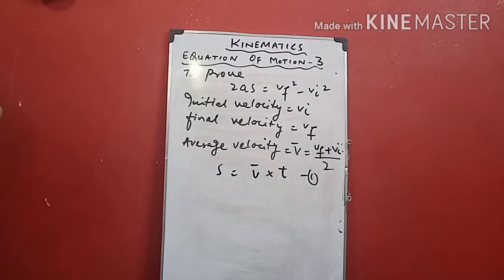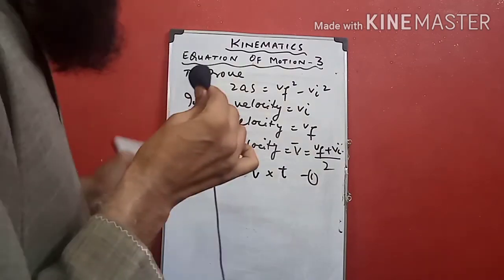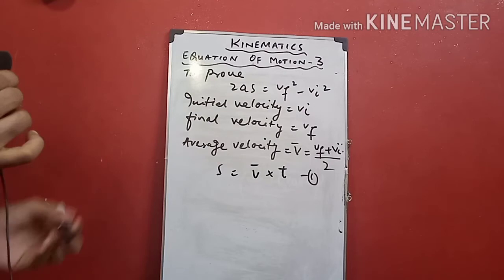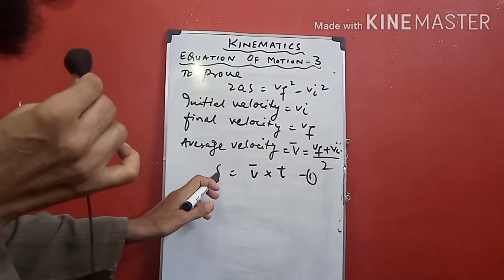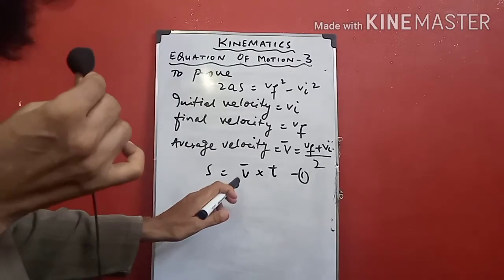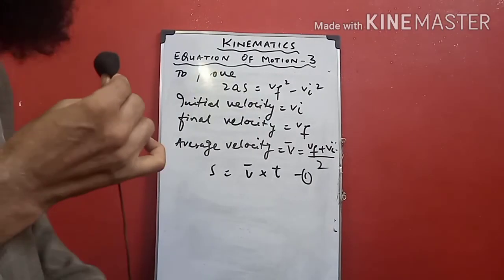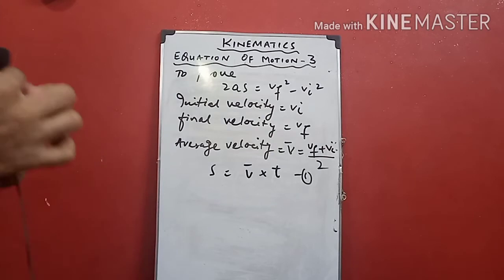As we know in physics, when a body covers the distance S during time t seconds, it has the average velocity. S is equal to V bar multiplied by T.